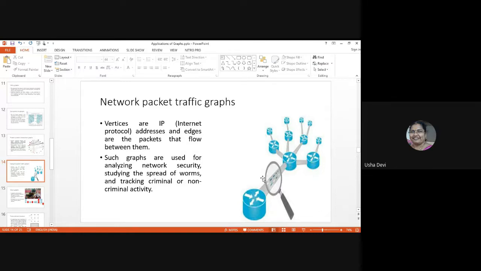Just consider this is a whole network, and only this one is magnified. The packet transmission will happen from one router to another router, and it should also happen in this direction. Sometimes there may not be any communication at that time, so these pathways will be empty. This is the magnified portion of our connection, and lots of packets are going through this way.